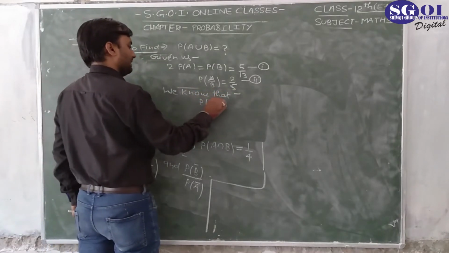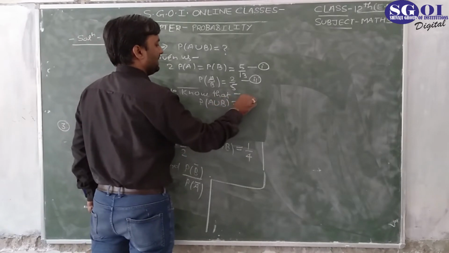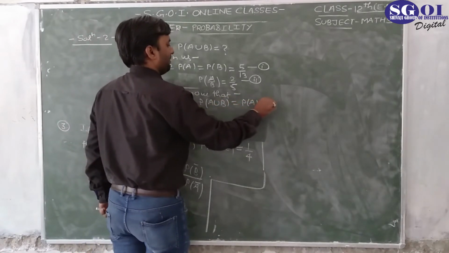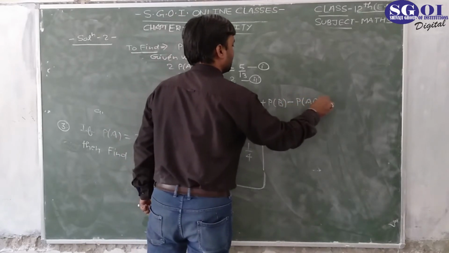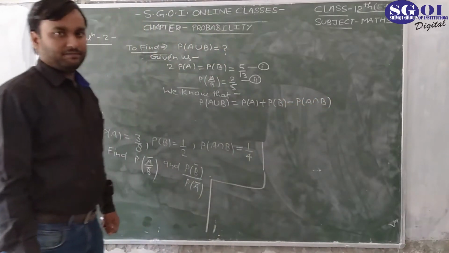Probability A union B is equal to probability of A plus probability of B minus probability of A intersection B by formula.